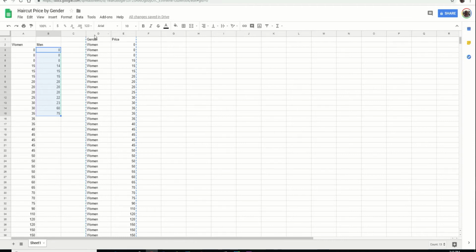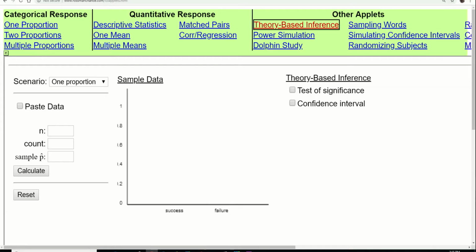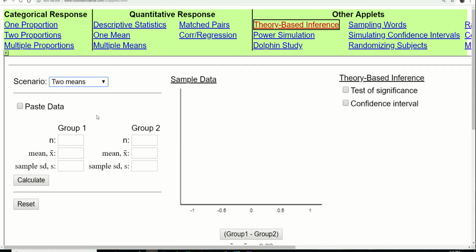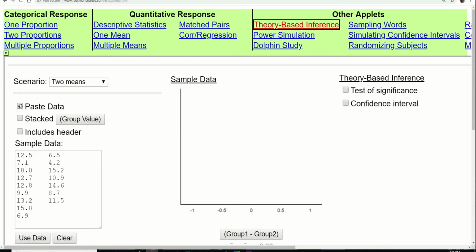So I have this stack data here. I'm going to copy it. And then I'm going to go to the theory-based inference. And we're looking at two means. I'm going to paste the data. Let's clear this out. I've got headers, and it's stacked, just like they're showing in this example, where you've got the group name in one category and the amounts in the other. So I'm going to paste into there.